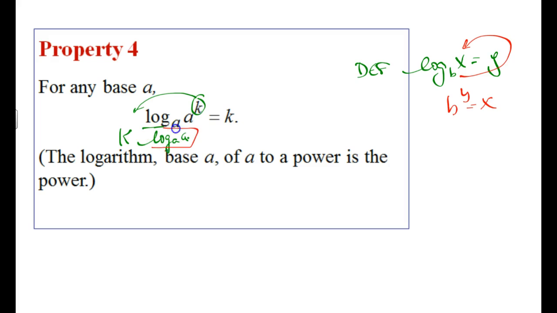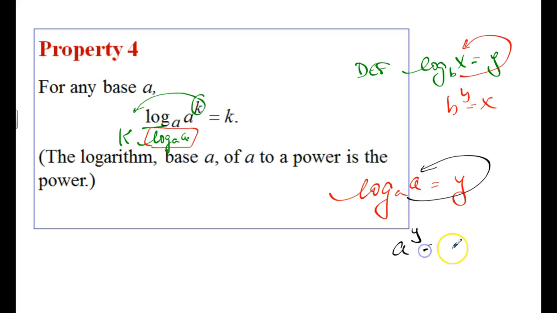So if I were to do the fishhook on this guy, where it says the log of a base a is equal to y, then I would say, okay, the fishhook says a to the y equals a to the first, because this term right here is a to the first. I don't see a 1 up here, but it's there.